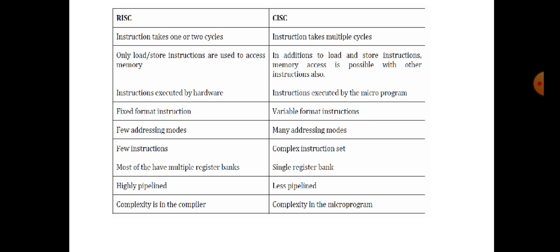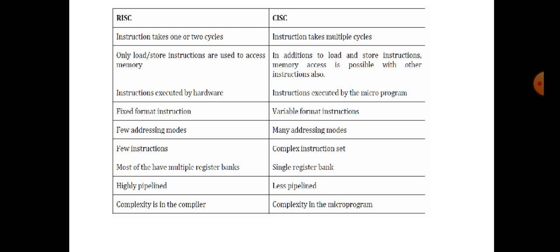In simple, we can say the phases of instruction execution are: first it has to go through the fetch phase, decode, and execute. Fetch means the instruction has to be fetched from the memory, then the instruction has to be decoded. During the decoding, it recognizes what are the actual operations which are to be carried out on the operands or on your data, and the actual operation will be done in the third phase, which we call the execute phase.